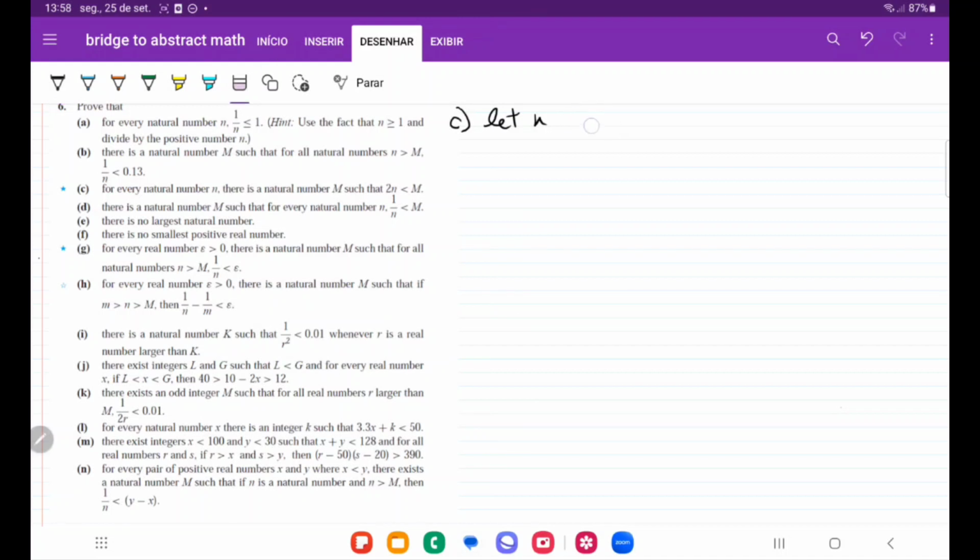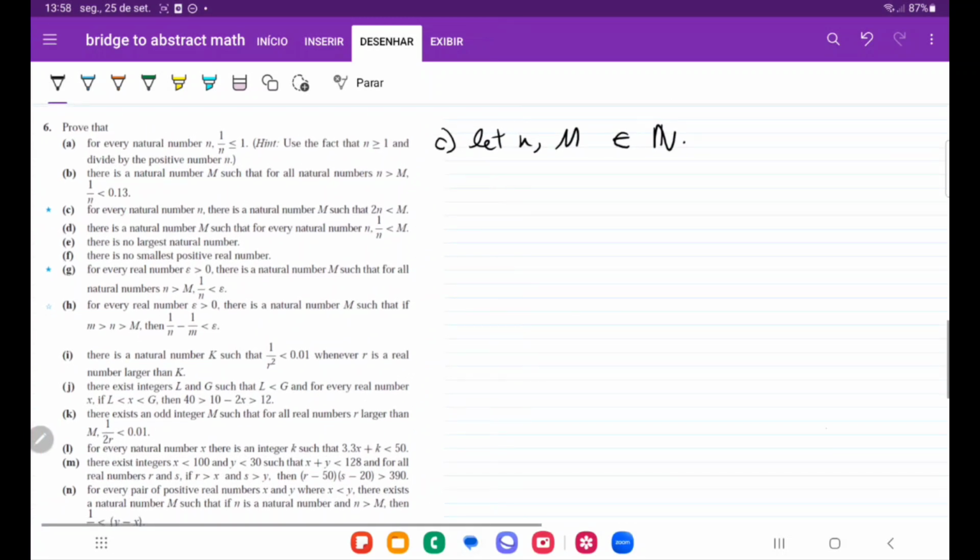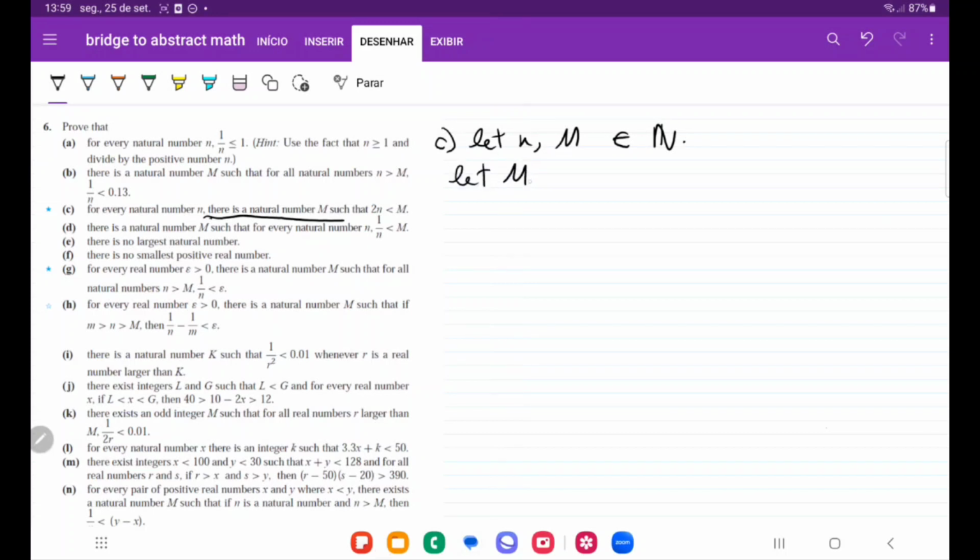So maybe I'm going to say let m belong to the set of natural numbers, right? So what we have to do here is we're going to have to produce a natural number m. We have to show that it exists, right? So we're going to say let m be equal to 2n plus 1.